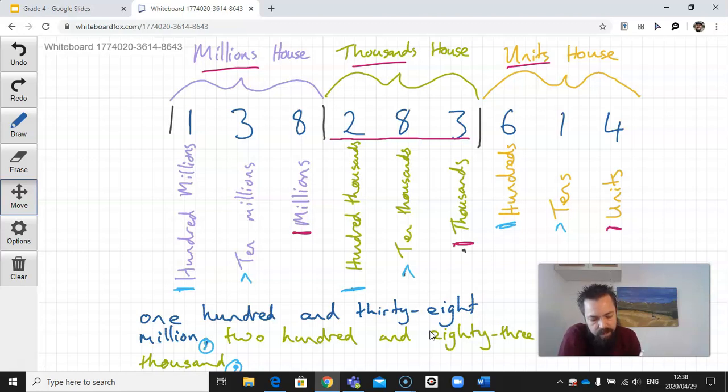And finally, my yellow house, 614. And that's how we write it in words. So what we've got to keep remembering is that when we look at it, we just look at what's in that house, we say that number and then the house name. And then we put a comma and go on to the next one.